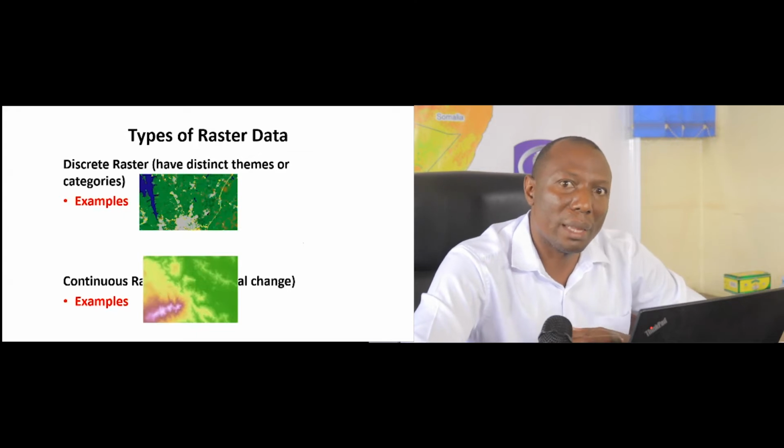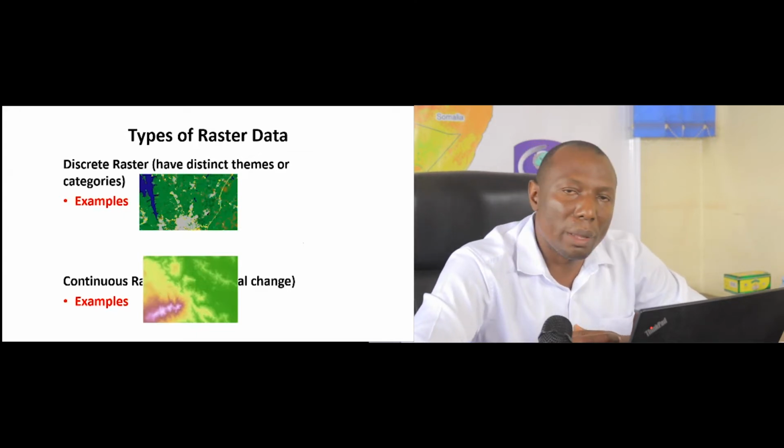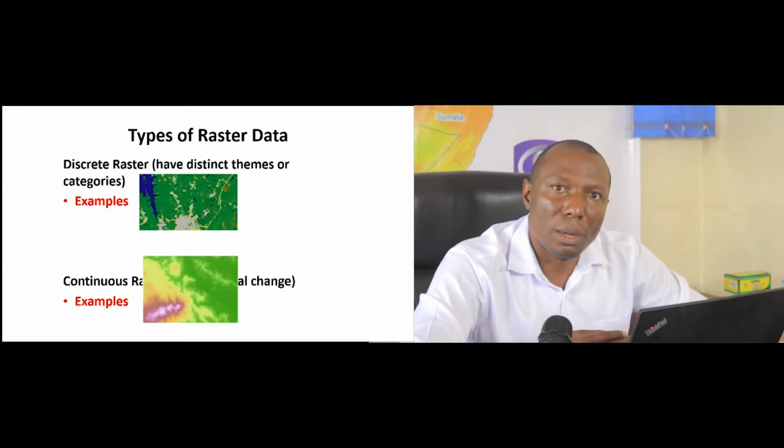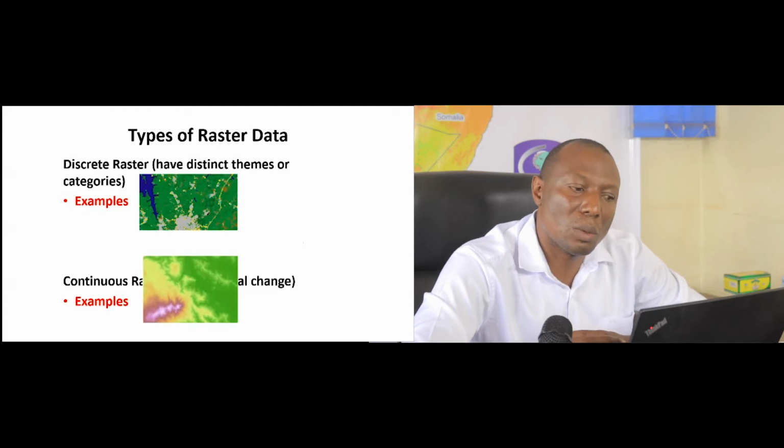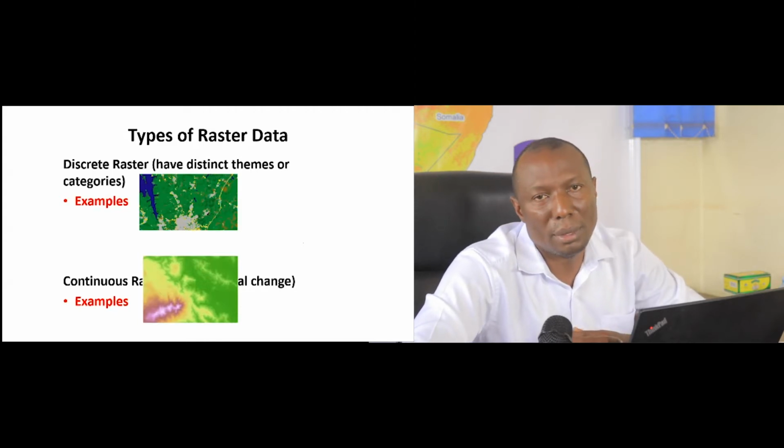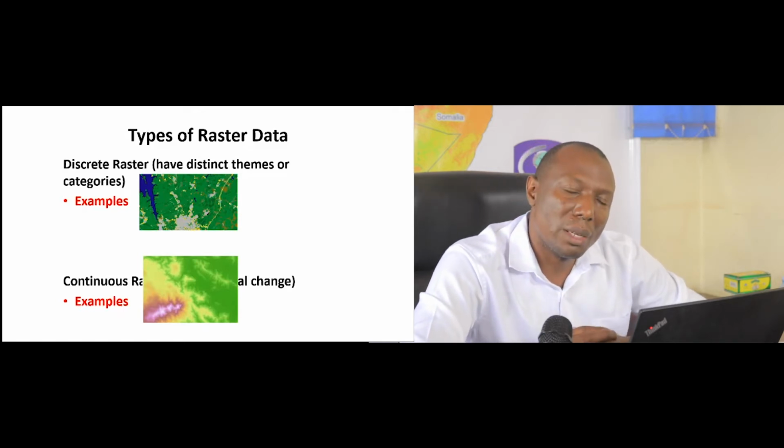Or an optical image that I get from a satellite is a discrete raster, the way you see the components here. The other can also be a land use, because it could be dependent on a theme. For instance, in land use, if it is a forest, it will have similar values. If it is a lake, it will also carry similar values.